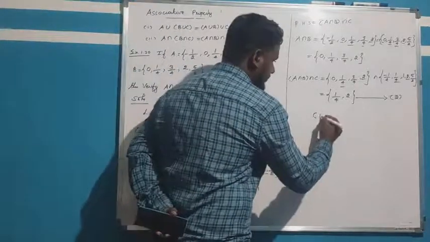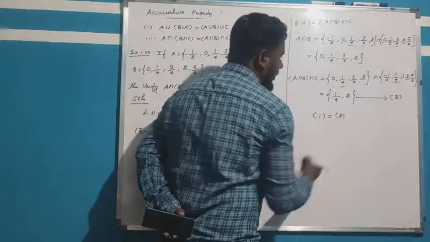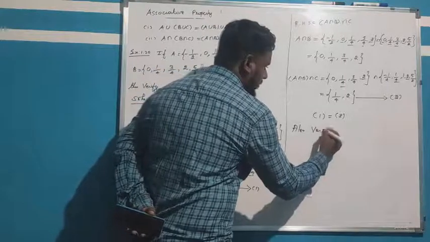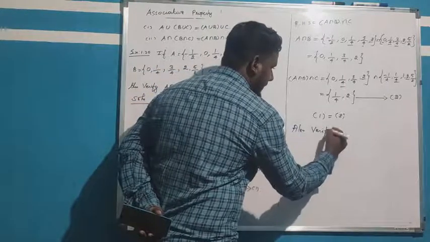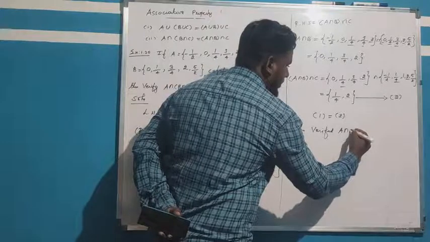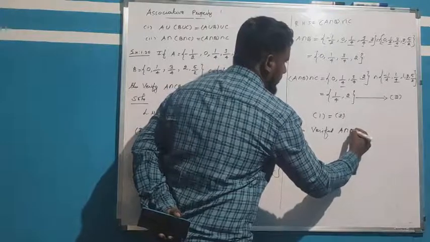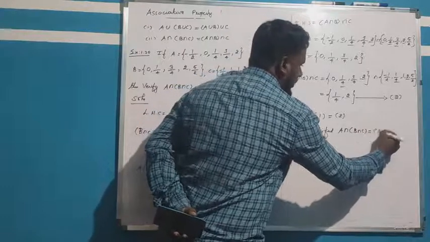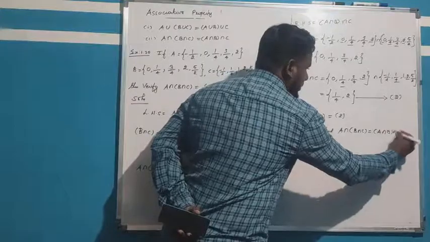So it is verified: A intersection (B intersection C) is equal to (A intersection B) intersection C.